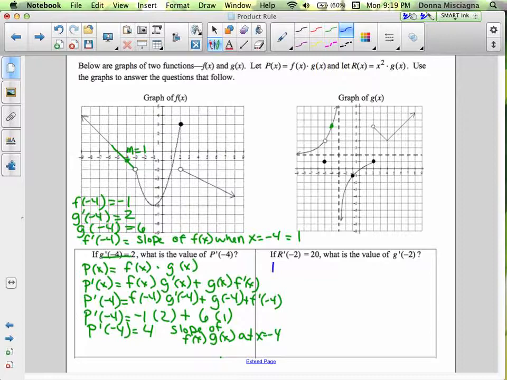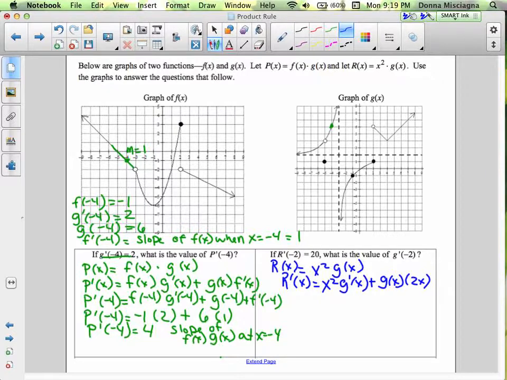So r of x, let's write that down. r of x is x squared times g of x. So if we want r prime of x, we have to use the product rule. That's a product. So we have the first, x squared, times g prime of x, plus the second, g of x, times the derivative of the first. So derivative of x squared is 2x.